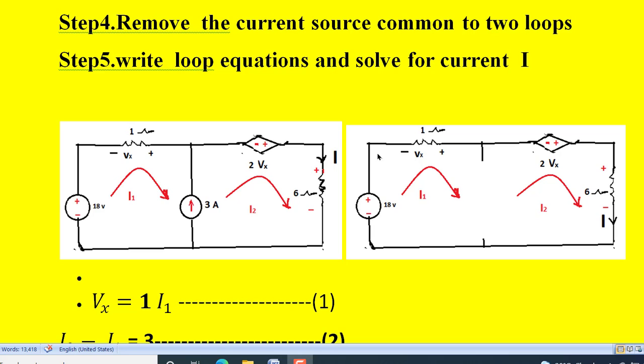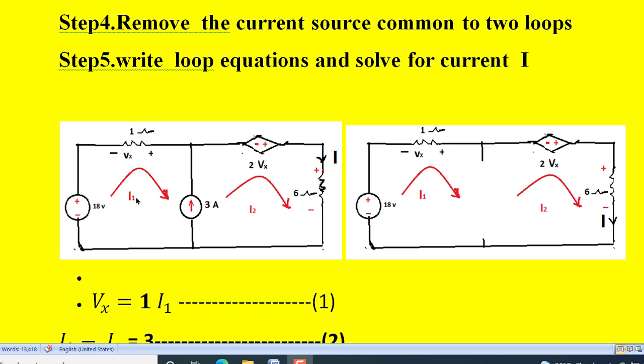Next, we have another element here, that is a resistor. Here I is entering the 6 ohm resistor. Current entering a passive element we treat as positive, and leaving the passive element as negative. So this is plus and this is minus. And for the 3 amperes source, the polarity is already fixed, so it should not be changed.